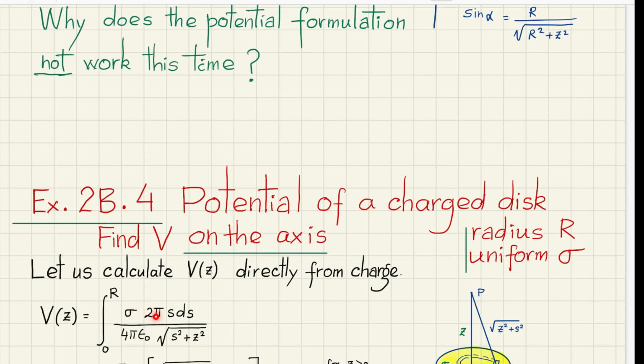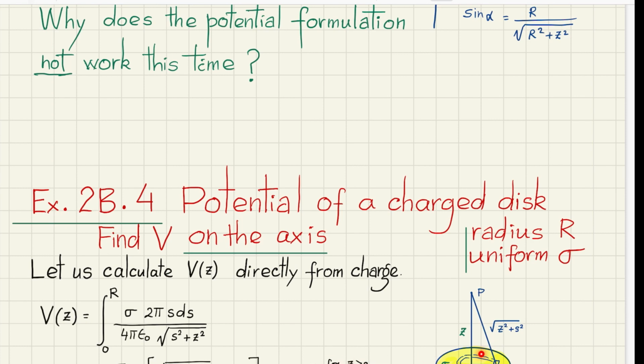So I take sigma 2 pi s ds, this is a dq, over 4 pi epsilon naught, and s square plus z square. Then I integrate from 0 to r. So simple. And this turns out to be sigma by 2 epsilon naught times root of r square plus z square.